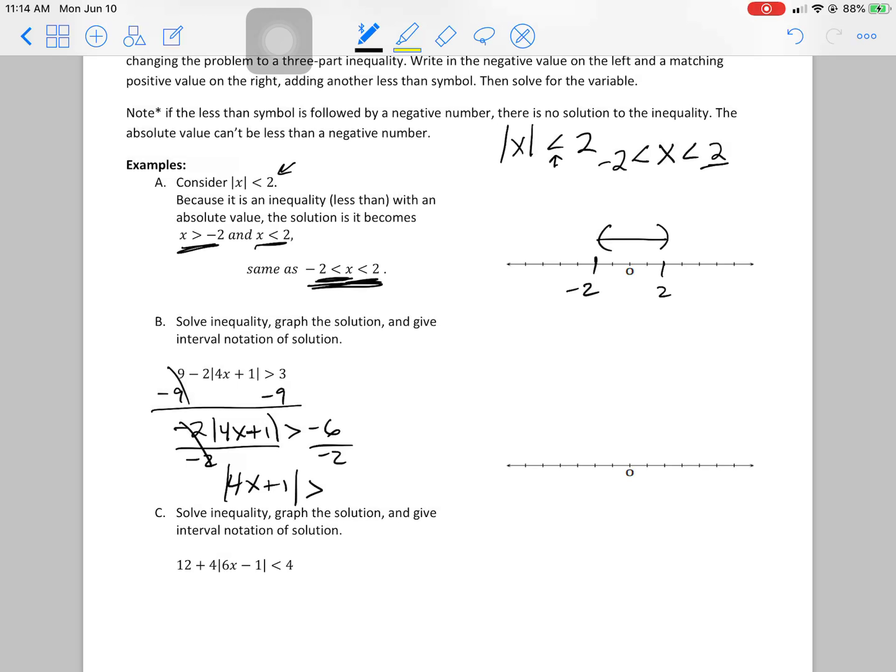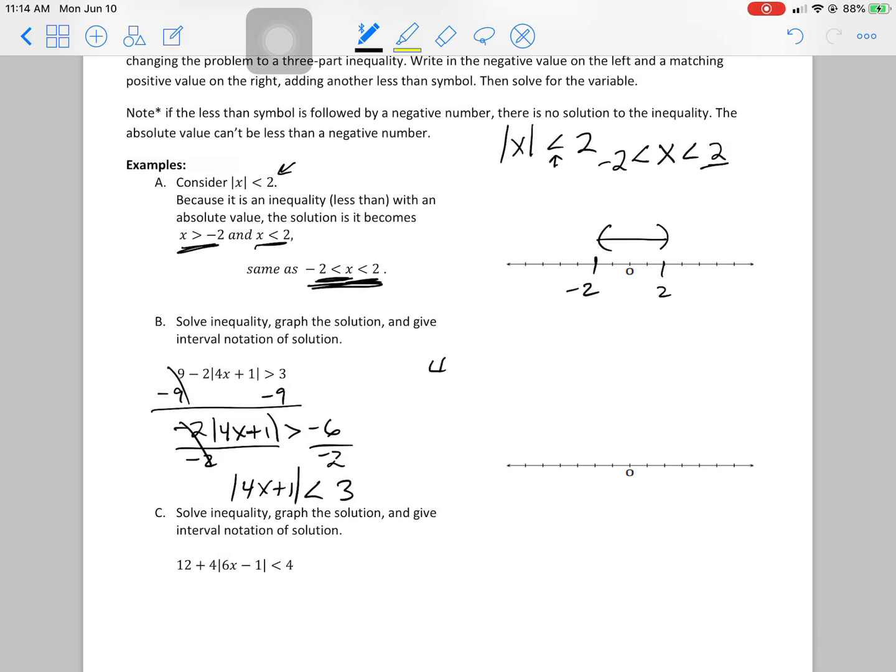We just divided by a negative, so don't forget to flip. That still matters, okay? So 4x plus 1 is less than, this is a positive 3. Okay? Whatever's in here, less than 3.